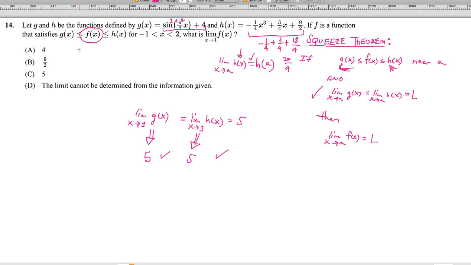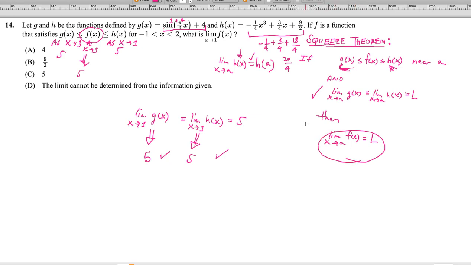Since the limit as x goes to 1 on both sides of f of x is getting closer and closer to 5, as x tends towards 1, f of x must also tend to 5, and that's the conclusion here.